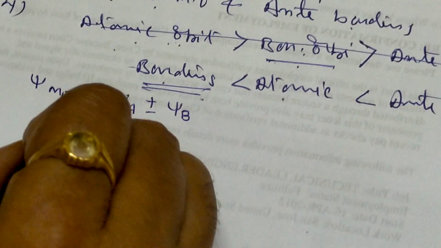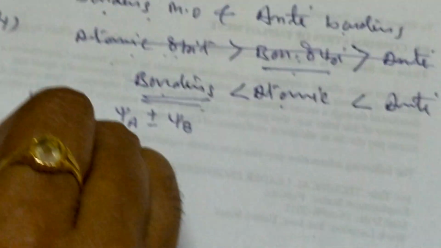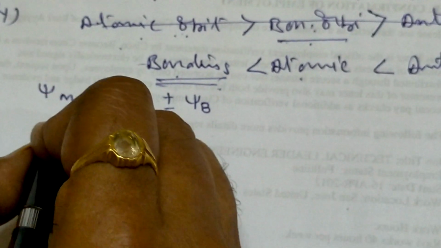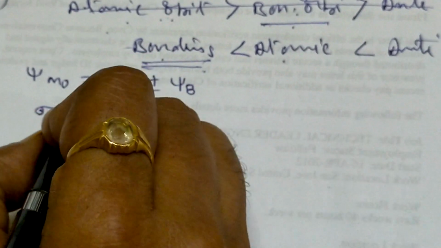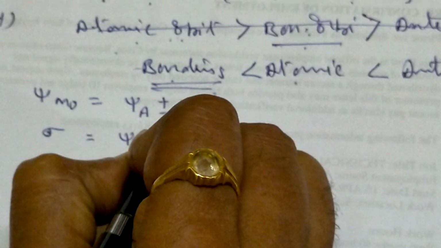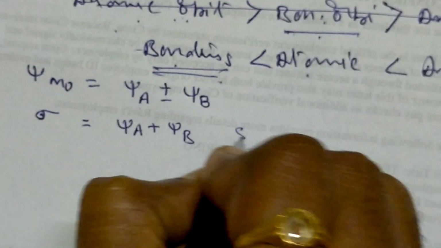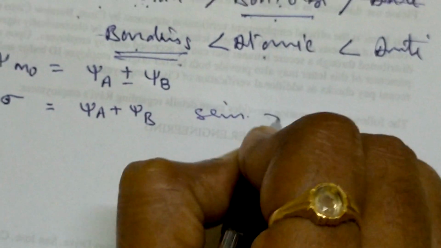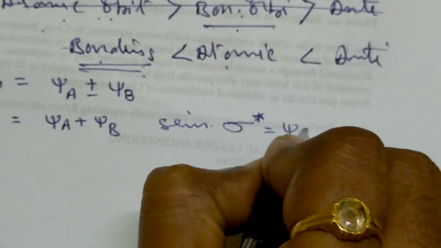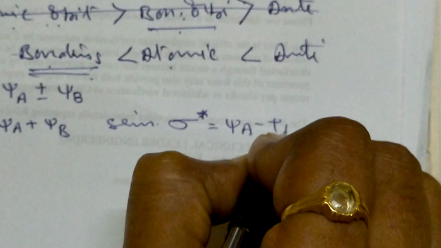The bonding orbital is normally represented by sigma, that is psi A plus psi B. Similarly, the anti-bonding orbital is represented as sigma star, equal to psi A minus psi B.